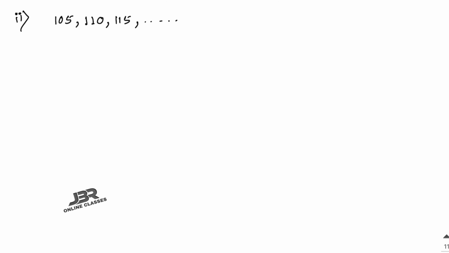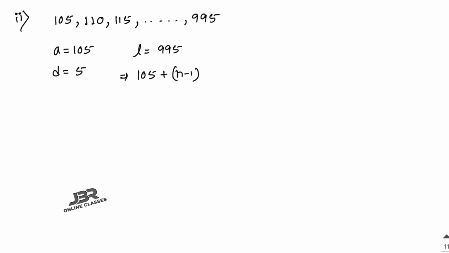In this way the last number is 995. So that means A equals 105, D equals 5. So L equals 995. That means 105 plus (n minus 1) into D equals 995. So here you can find out the value of n.